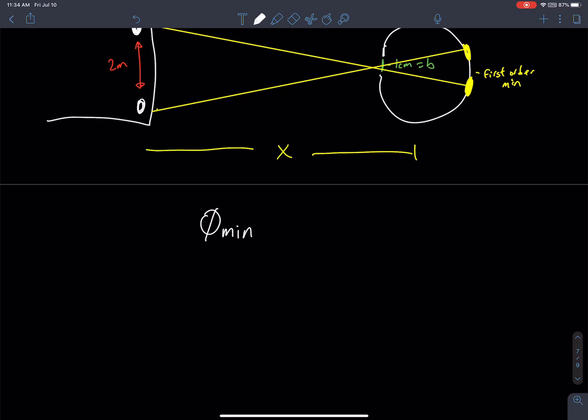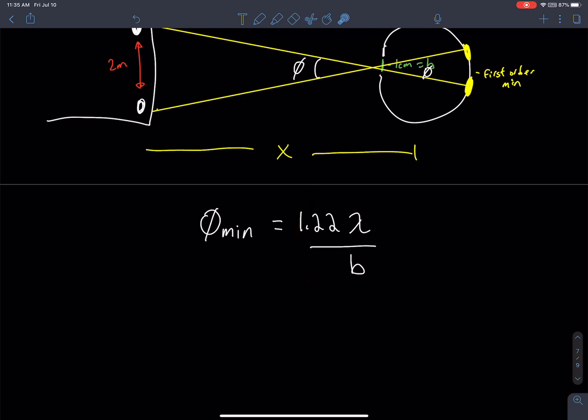The minimum angle that those two light sources can subtend on the eye is going to be equal to 1.22 lambda over B. So the minimum angle is the angle being subtended by those two headlights on the pupil of the eye, and that angle is going to be the same as that angle.